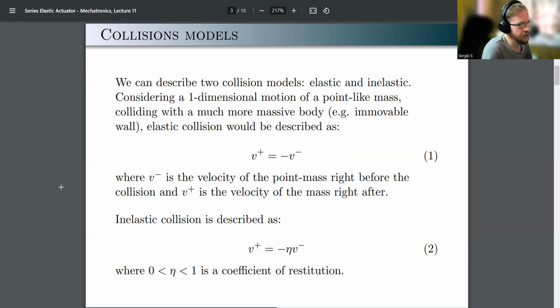In Russian, we call it абсолютно упругий удар. So the idea is, how should I put it? I feel like maybe the English words elastic and inelastic are kind of slightly misleading here, because any collision in real life would be, in a sense, inelastic.